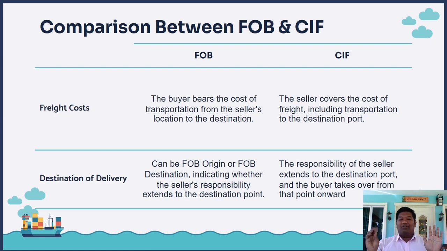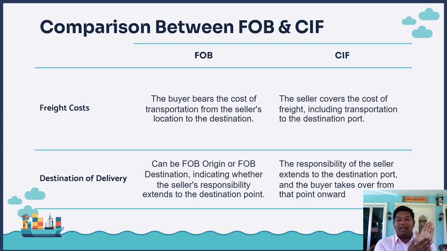As for the FOB contract, the buyers assume the risk during the transportation process once the goods leave the seller's premises. As for CIF, the seller remains responsible for the goods and associated risk until they reach the destination port.